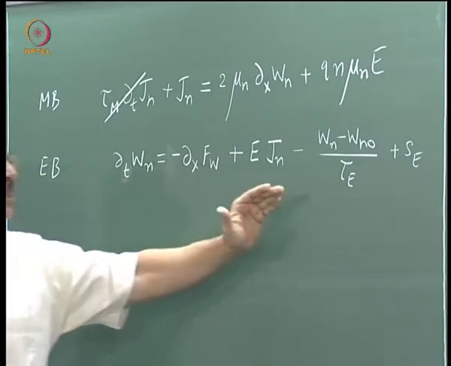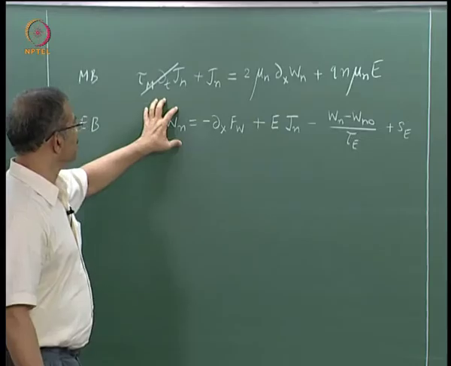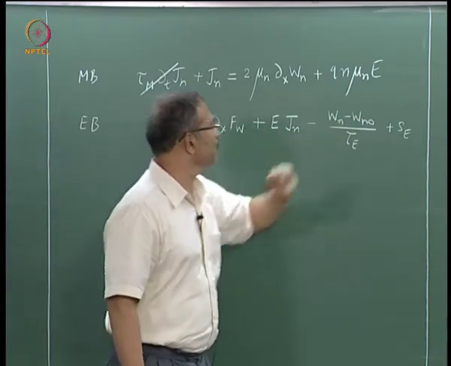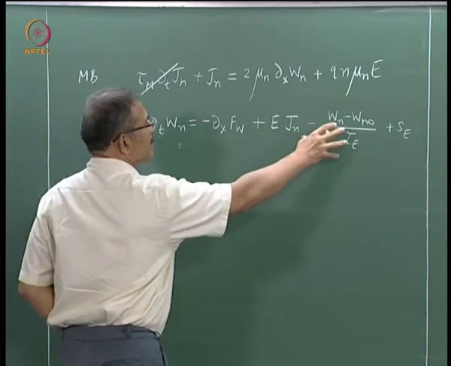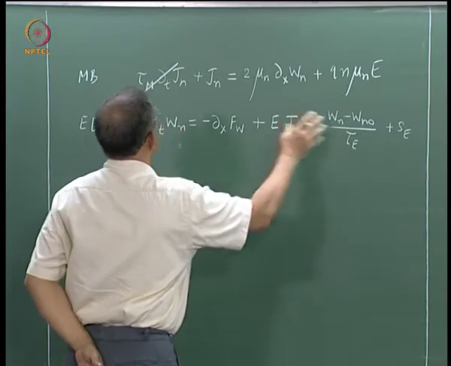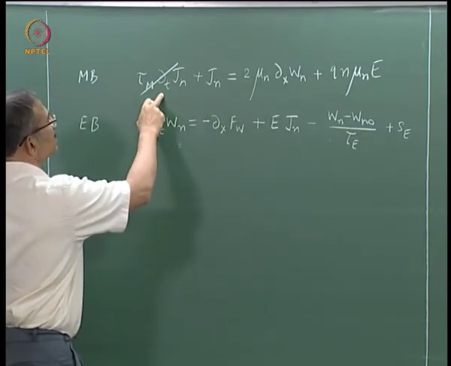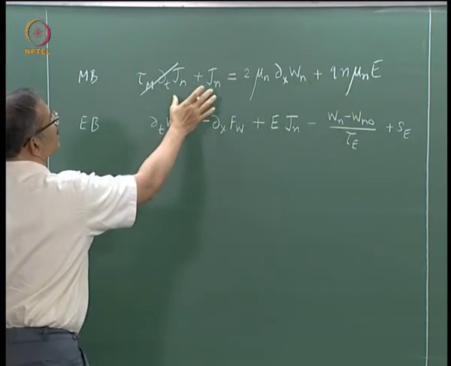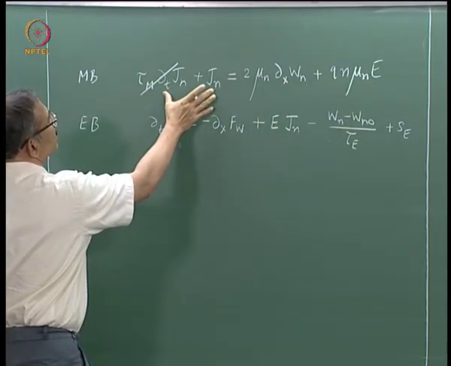Now returning to this energy balance equation, we want to neglect this term, so we would like to compare this term with any of the terms here. So one term that you can compare it with is this. Just like for the momentum balance equation, we moved this Jn term from the right hand side to the left hand side, and that allowed us to compare these two terms.